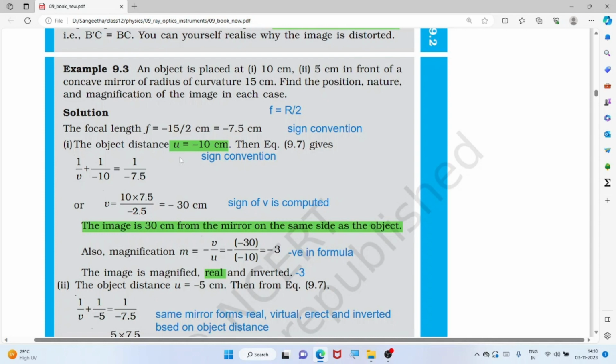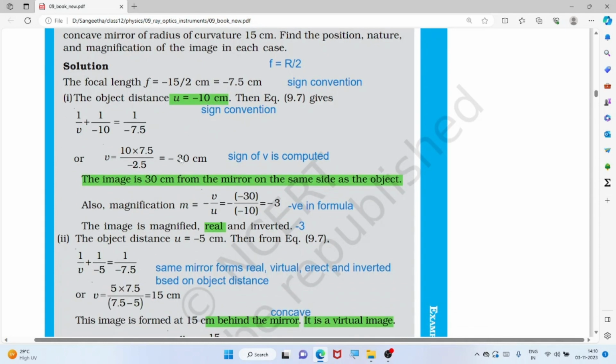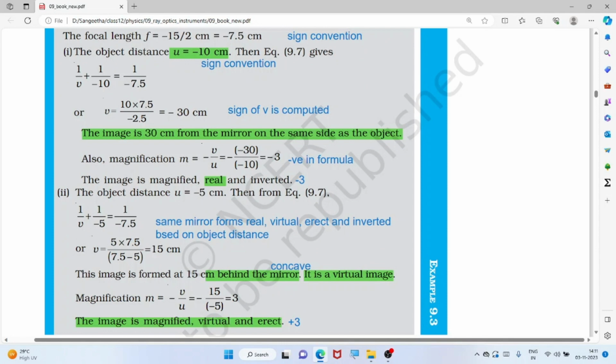The sign of v, the image distance, is computed based on this. We are not assigning it, that is the computed result. It is negative, so the image is formed on the same side as the object, the left side.